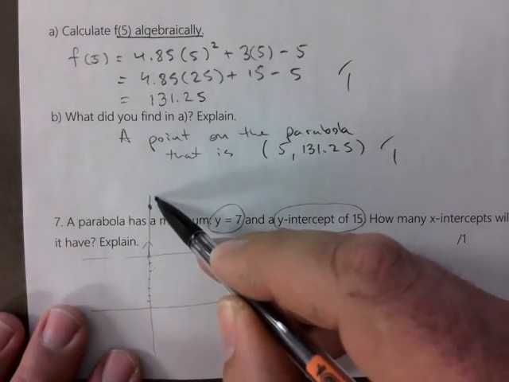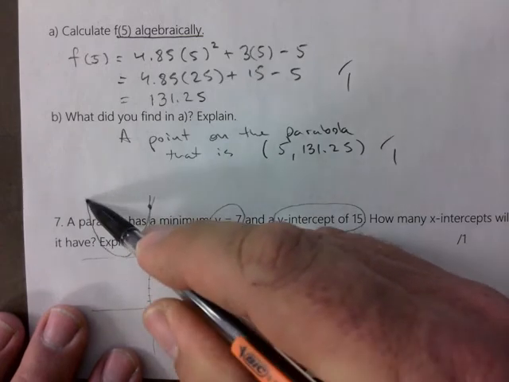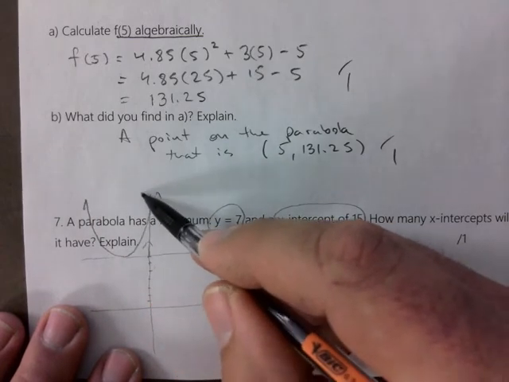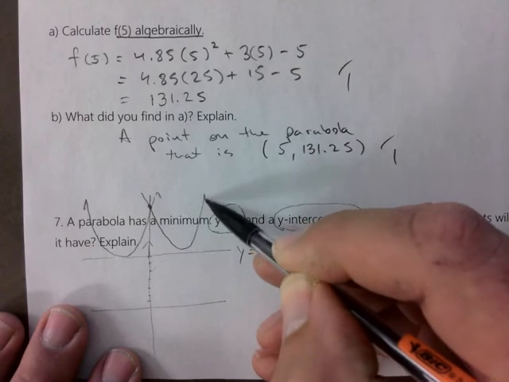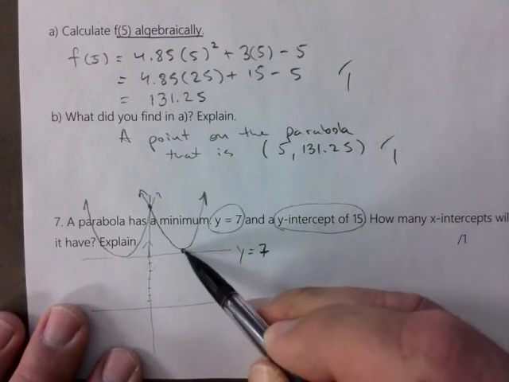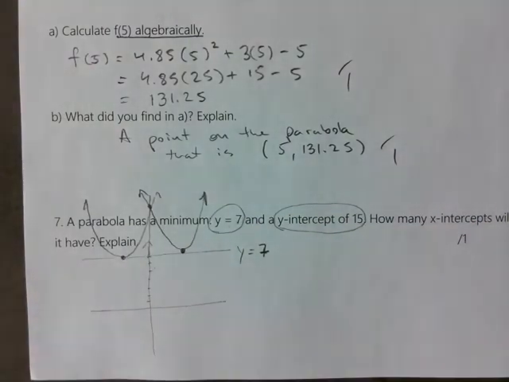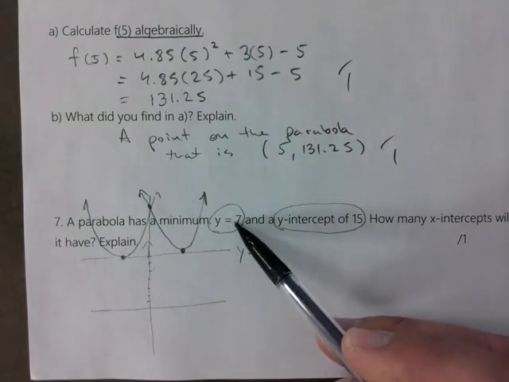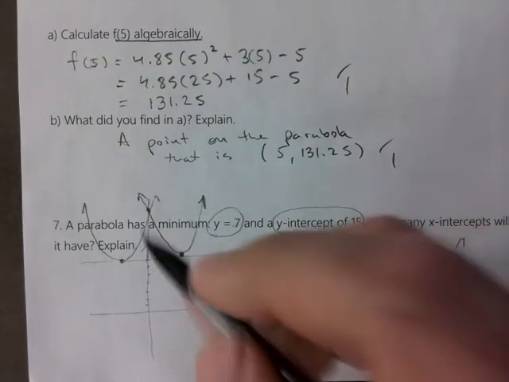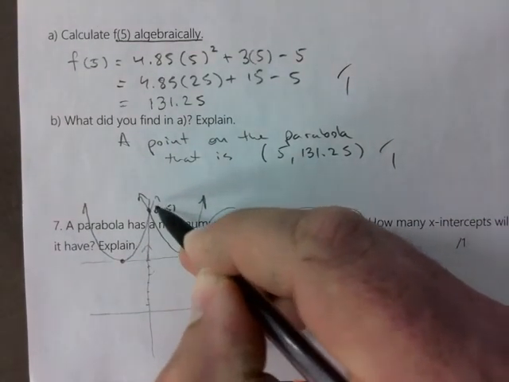So we know that this parabola either does this, it goes through there, or it does something like this. But in any case, the lowest that it goes to is y is equal to 7. And the 15 is right here, 0, 15.